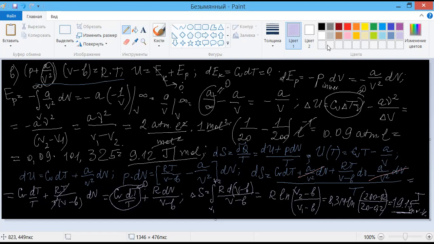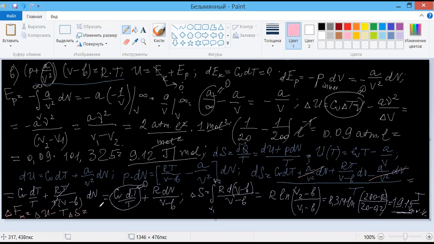As for delta F, again we can use this formula. It's delta U minus T times delta S, right?